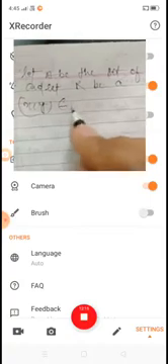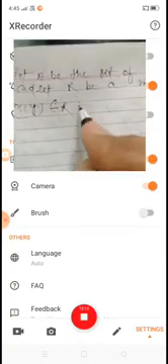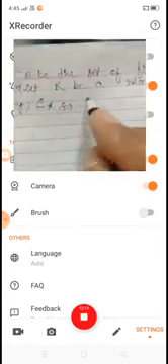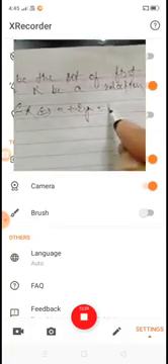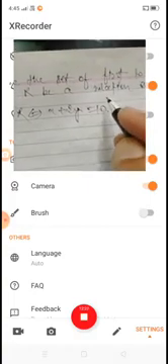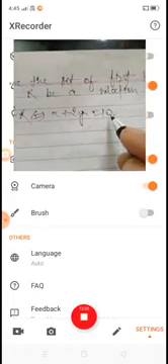(x, y) belongs to R such that x plus 2y is equal to 10.